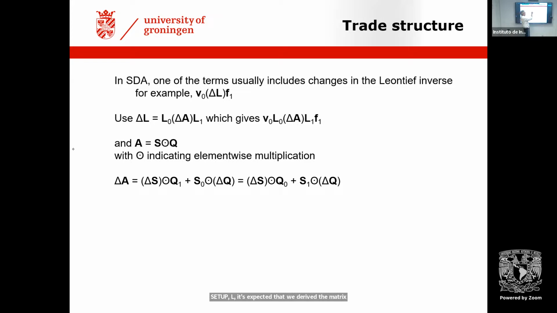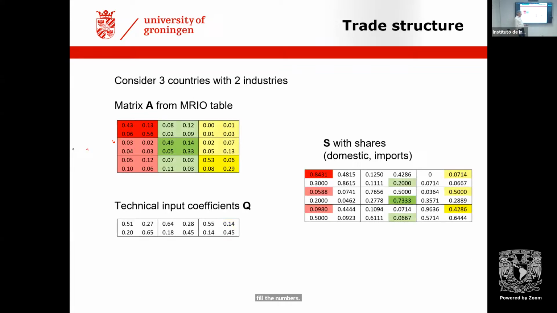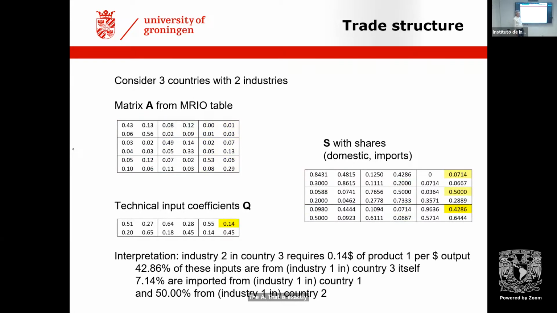That gives me something like V0, L0, delta A, L1, F. You have the numbers, so you can fill the numbers in here and there. Now the A, that is exactly what we did here, is actually multiplying, or actually dividing, these technical coefficients into the shares.